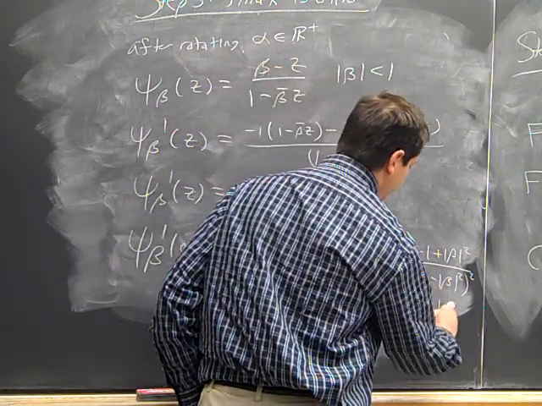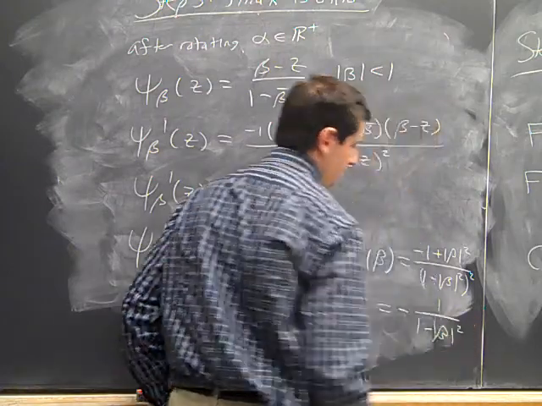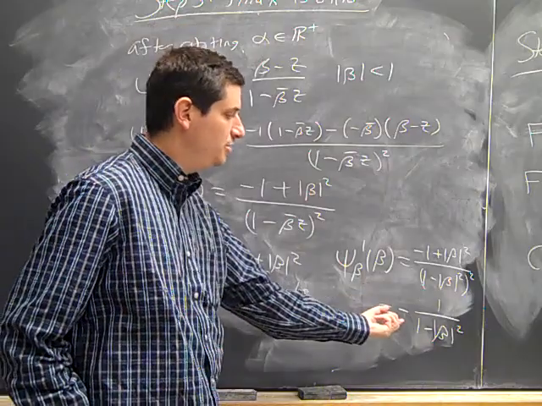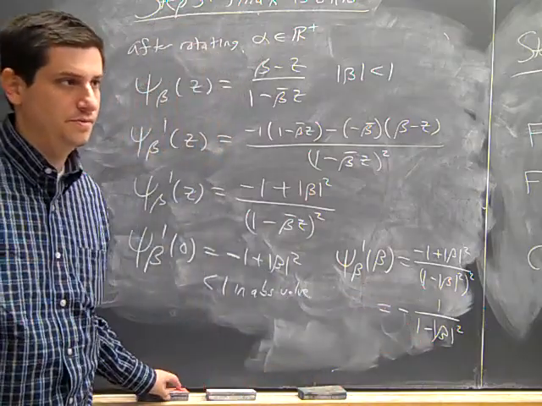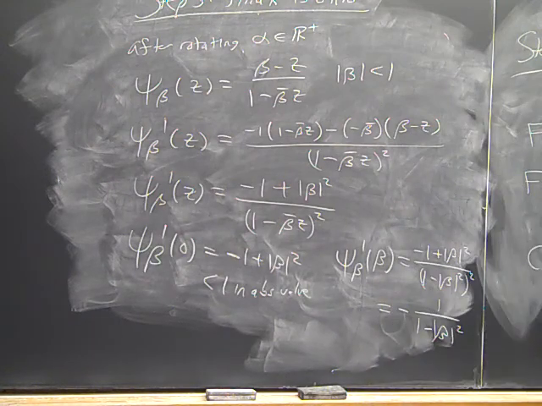So this is just negative 1 over 1 minus beta squared. And in absolute value, what can you tell me about that? It's greater than 1.